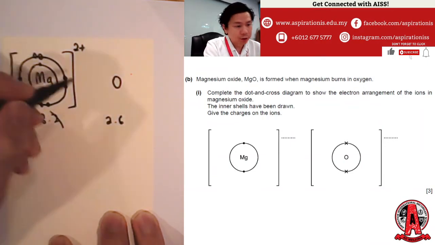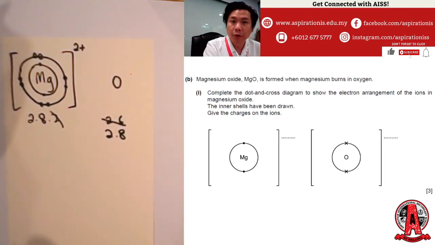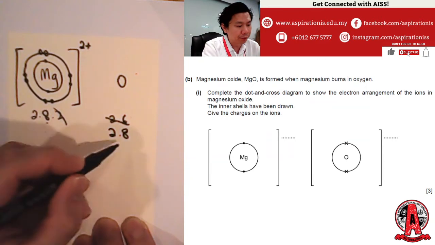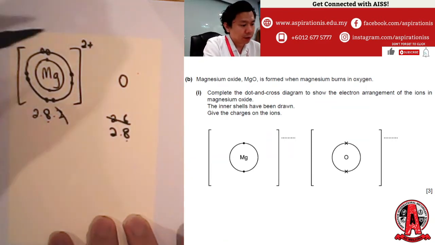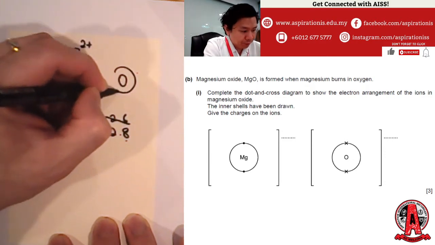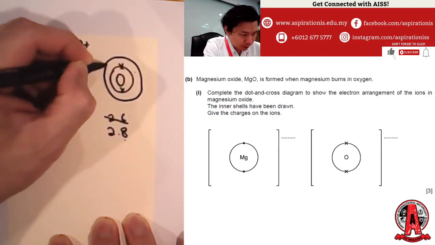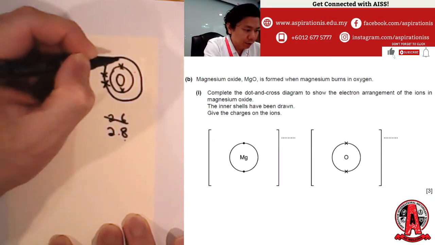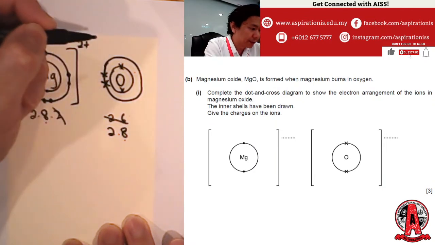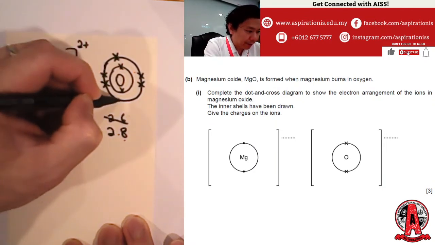So now you're going to get 2 more because you want a full outer shell. See, they both want full outer shells, and it's 8. Okay? So you have 6 initially. 1, 2, 3, 4, 5, and 6.